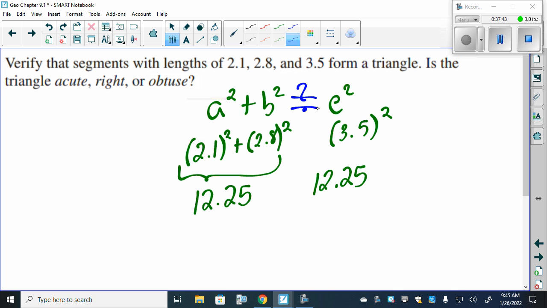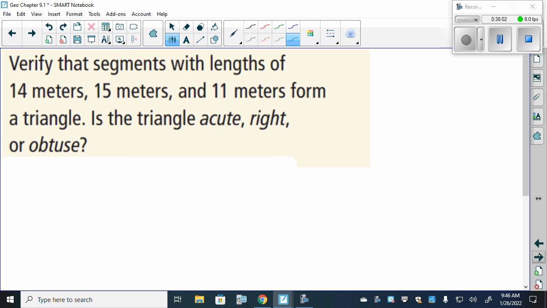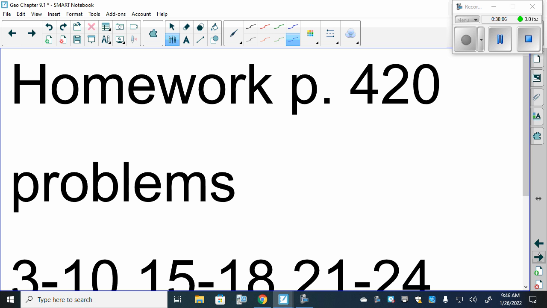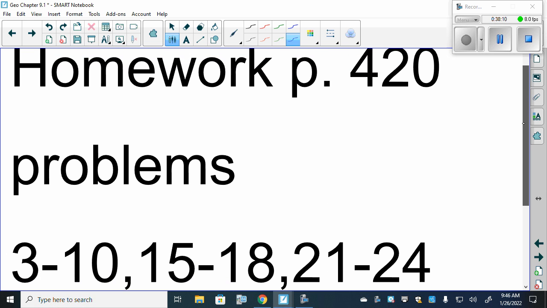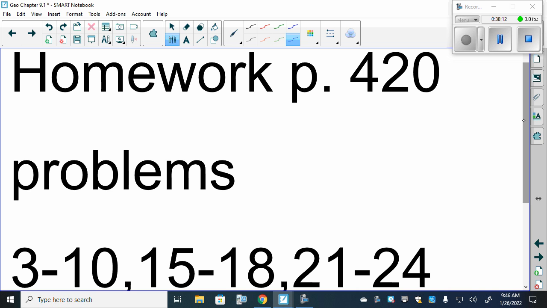So these are equal, which means it is a right triangle. It is right. Any other questions on these here? If we feel good with this here, that's it.